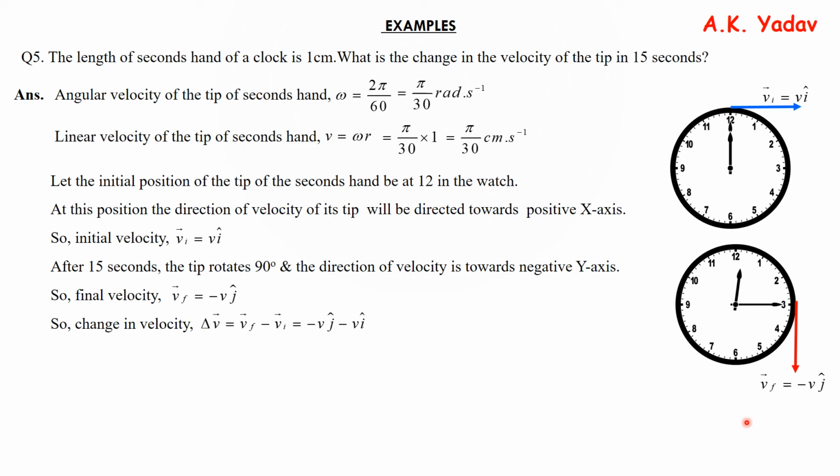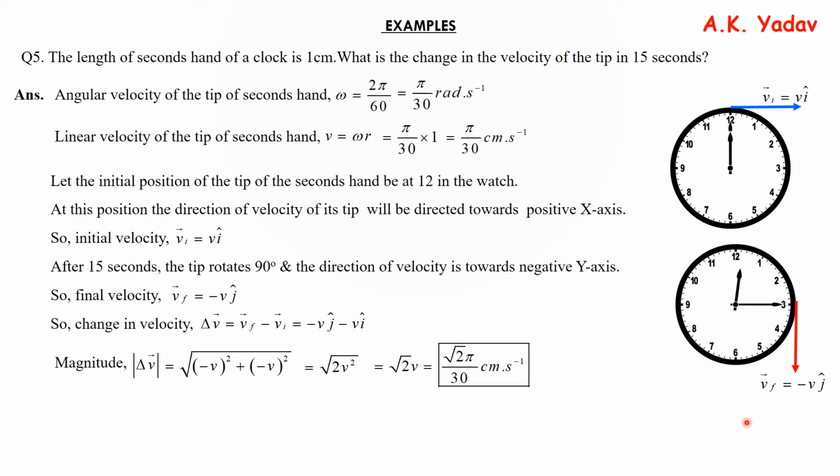So change in velocity is v final minus v initial, that is minus vj minus vi. So the magnitude will be equal to under root of minus v square plus minus v square, that is under root of 2 into v. We put the value of v, so we get under root 2 into pi upon 30 centimeter per second.